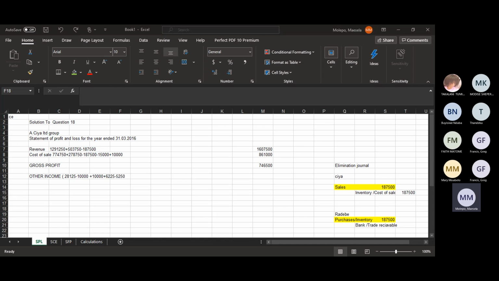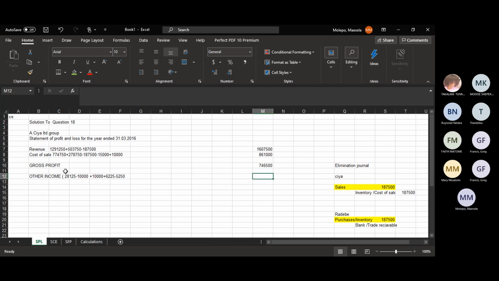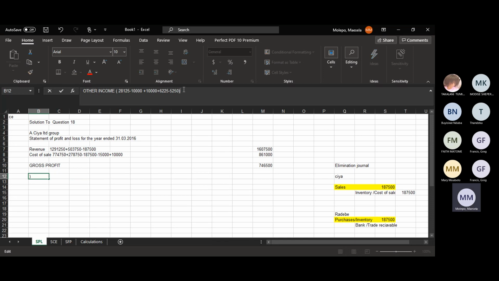Okay, then let's continue. So the interest income should be recorded as a finance income, not as a straight income. That's why we're subtracting 5,250. Then we close our bracket, and the amount will sit at 17,500.